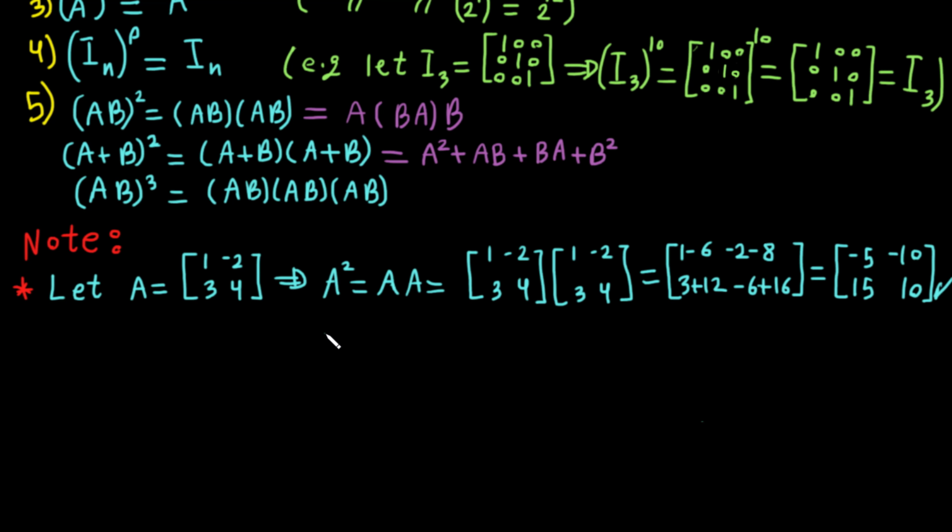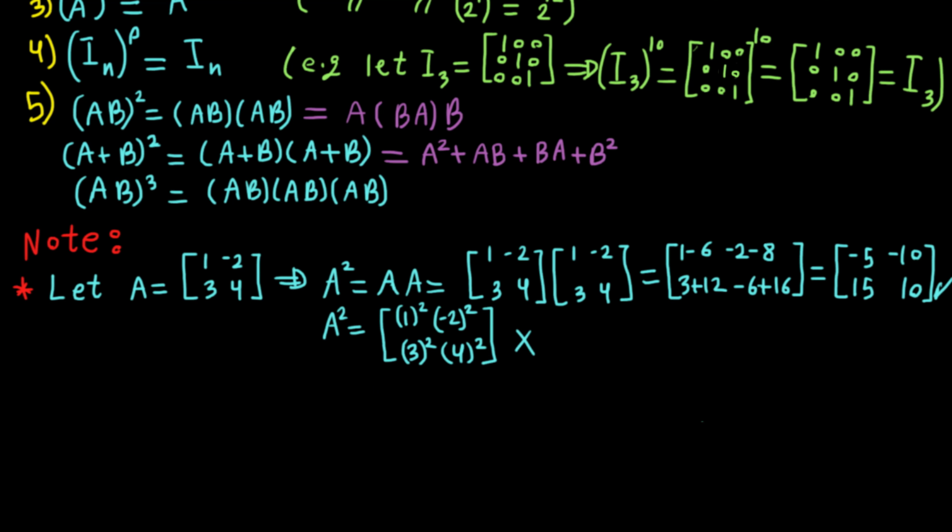But you can't write it like this: A squared equals 1 squared, negative 2 squared, 3 squared, 4 squared. So this is wrong.